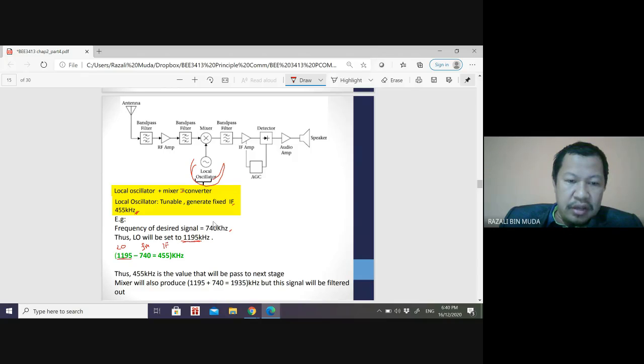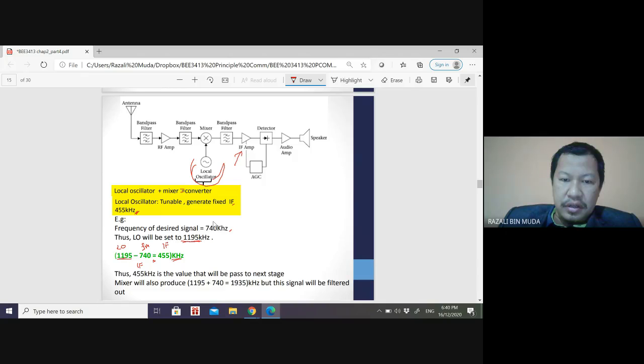Local oscillator minus desired frequency gives the intermediate frequency, all in kilohertz. Thus, 455 kHz.